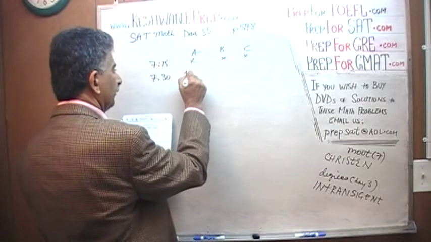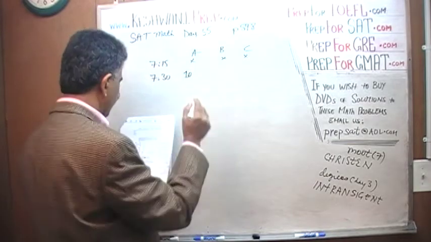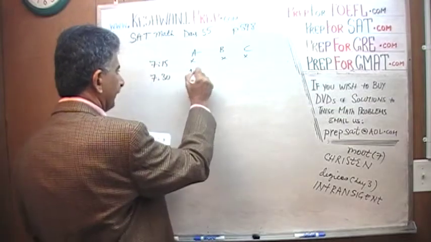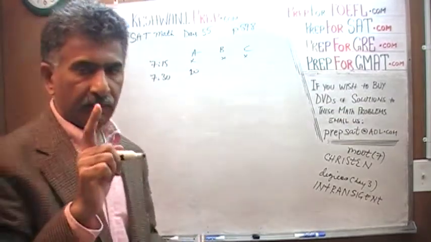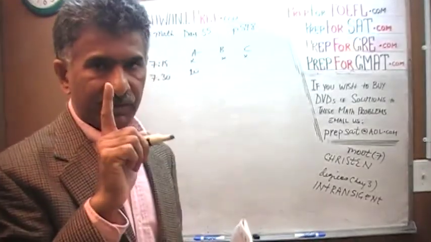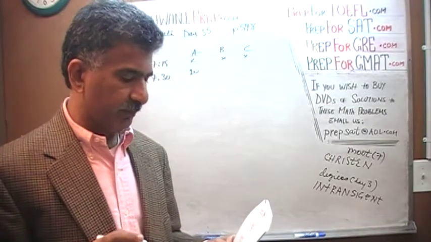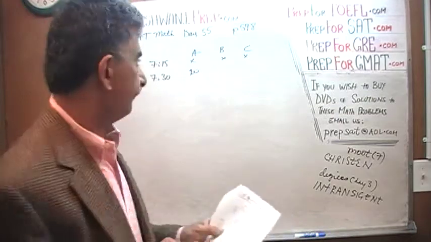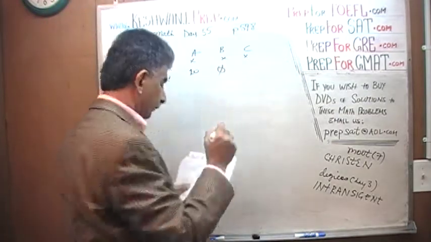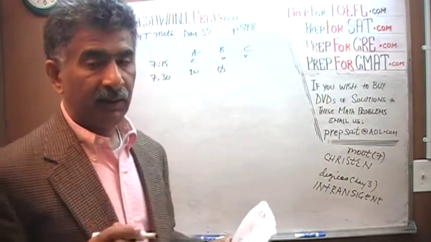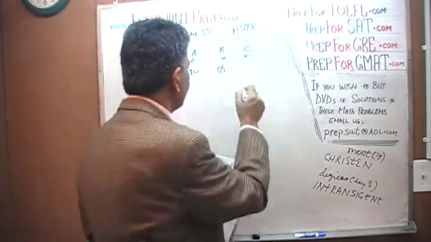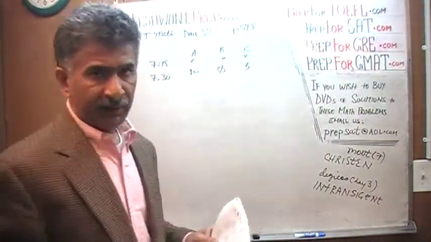So we're going to hear 10 chimes at 7:30 from clock A, because all of these 10 clocks are going to chime once every half an hour. Clock B, if you look at the chart, does not chime on half an hour. But clock type C does, and there are 3 of them. So we're going to hear 3 chimes from them. So that takes care of 7:30.